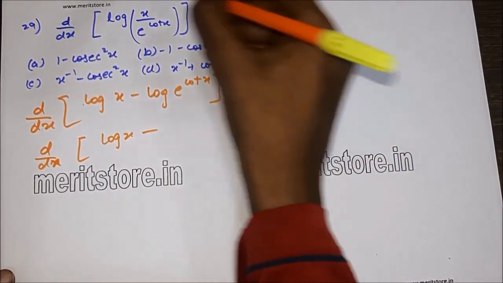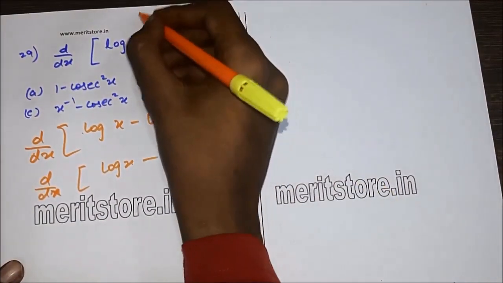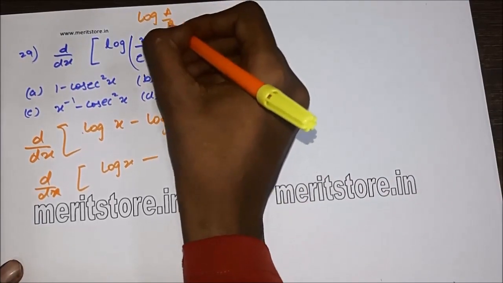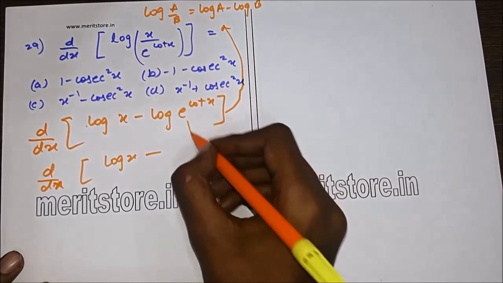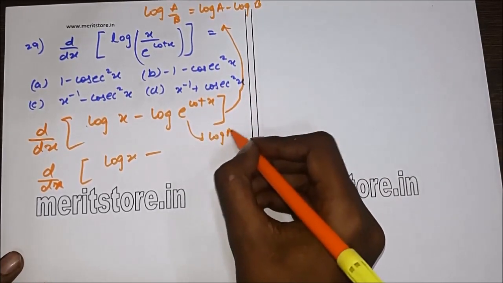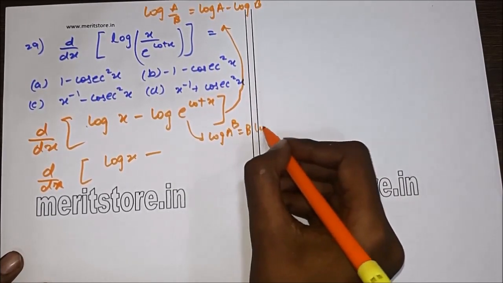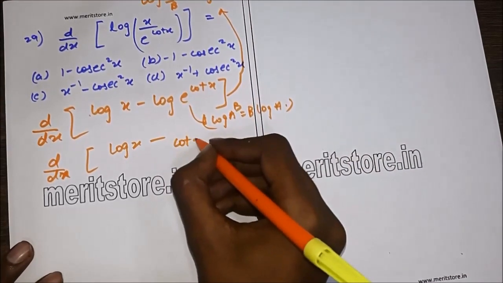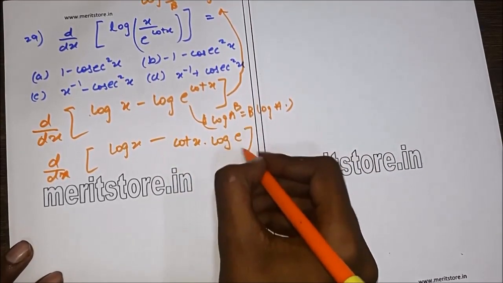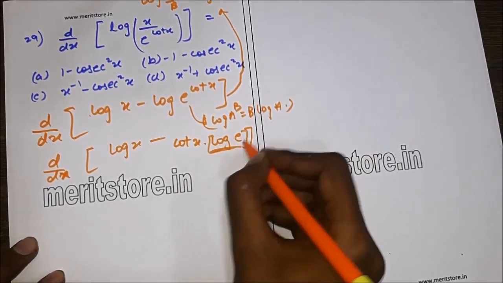This came from log of a by b is log of a minus log of b, and log of a raised to b is b log a. Now the base is e, so therefore log e is 1.